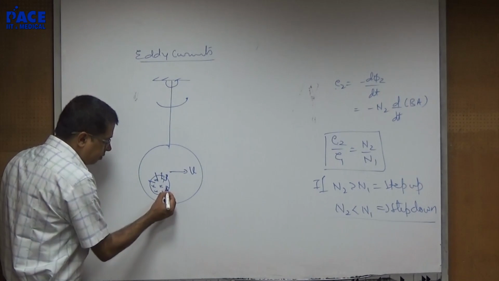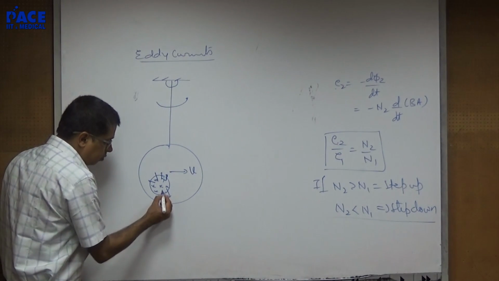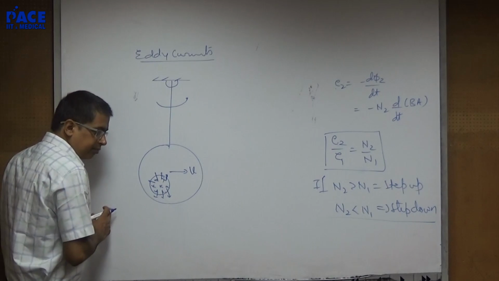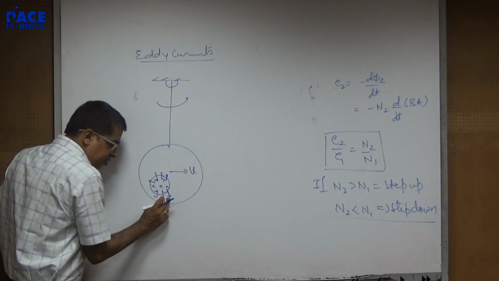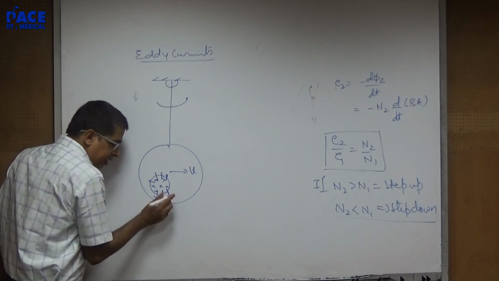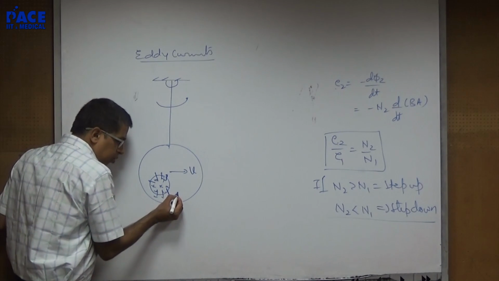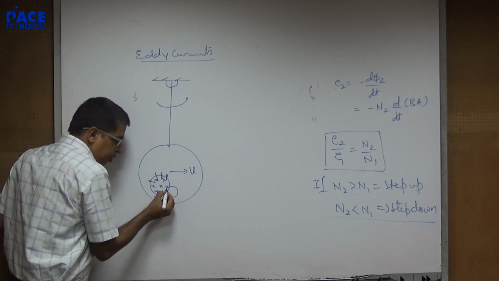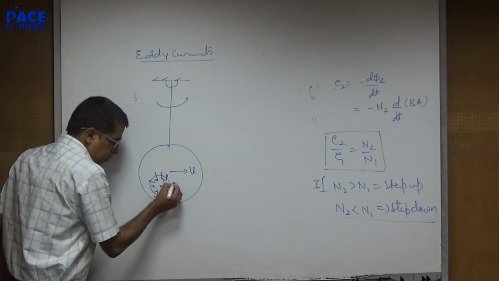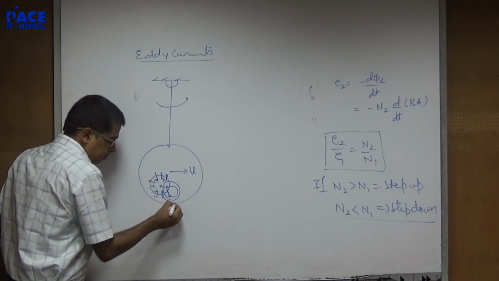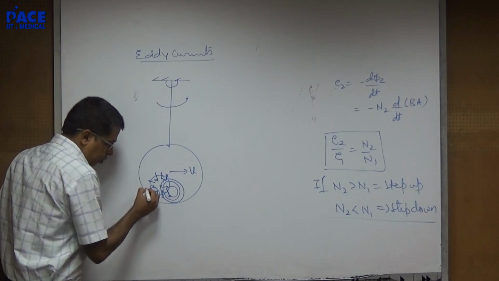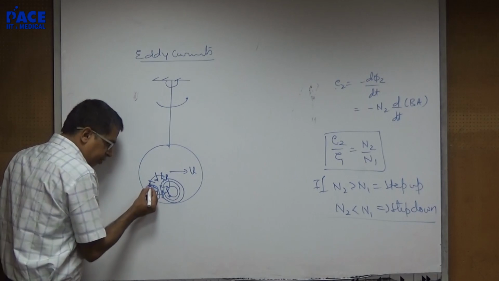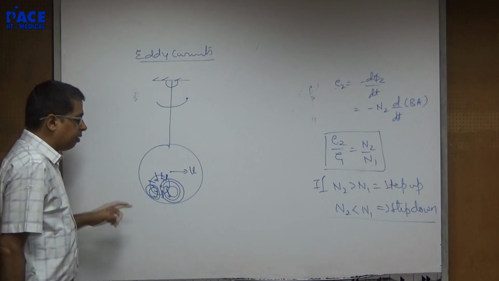See, if positive charge moves upwards, negative charge moves downwards. Once the negative charge moves downwards, the already existing electrons here will be repelling the negative charge. So now they will try to come back to their original place. The electrons, after going out because of the magnetic force, will try to come back to their original place.